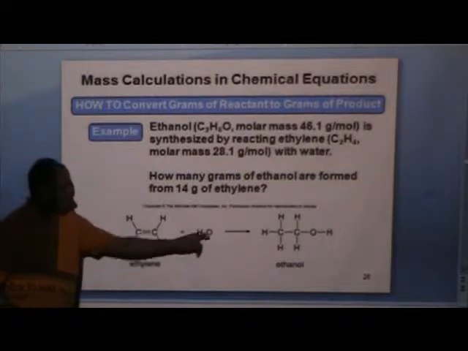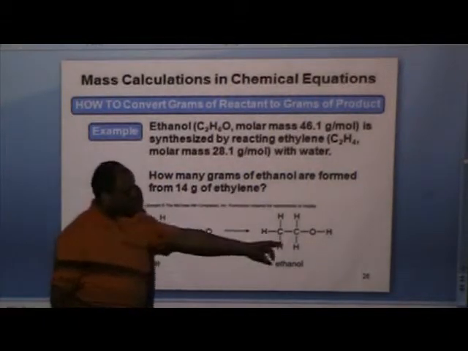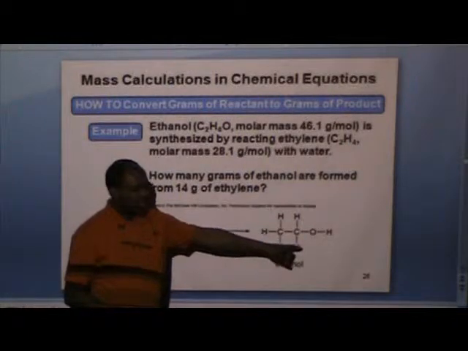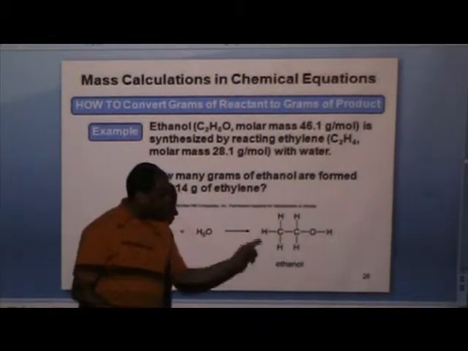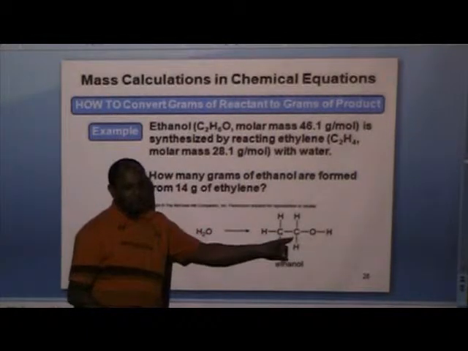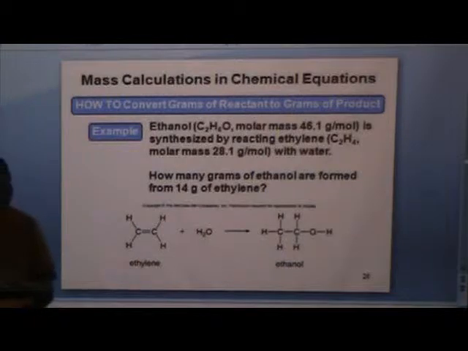How many oxygen? 1. On the product side, how many oxygen? 1. Hydrogen? 6. Carbon? 2. So the equation is balanced, and we don't need to balance it.